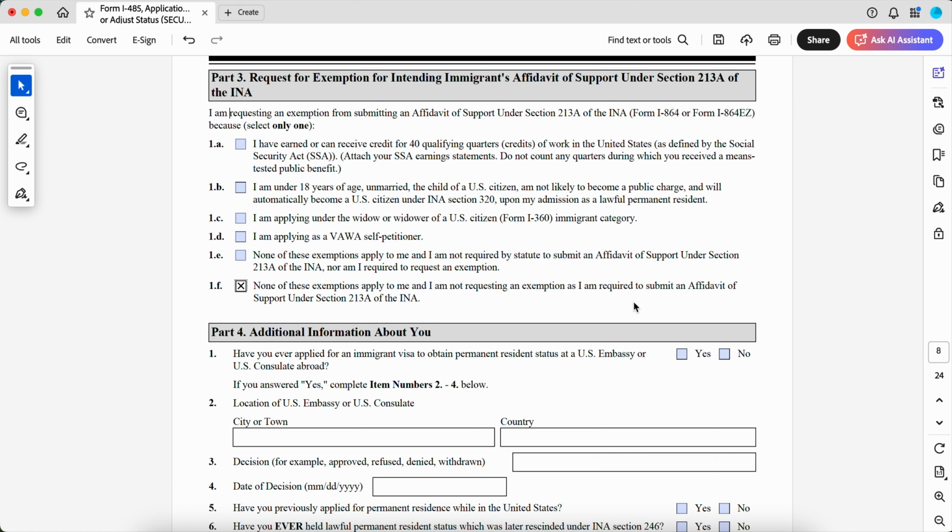If you do require an exemption from the affidavit of support, you have to choose one of these.